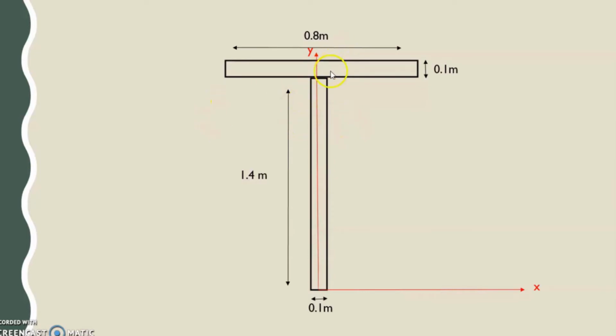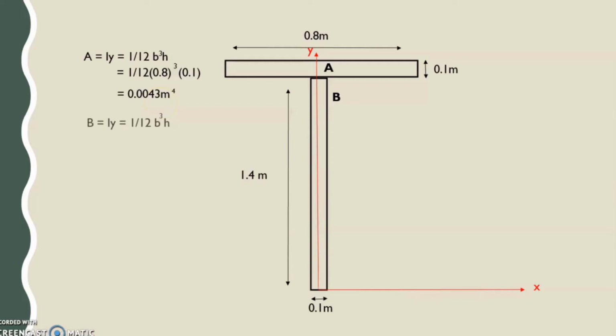Next, we see there are two rectangles here, so we label them A and B, and then we calculate for A. Because the y-axis goes through the centroid for both rectangles, we use the Iy bar formula, which is 1 over 12 b cubed h, and then we insert the data: 1 over 12 times 0.8 cubed times 0.1. So we get for A 0.0043 meter to the power of 4.